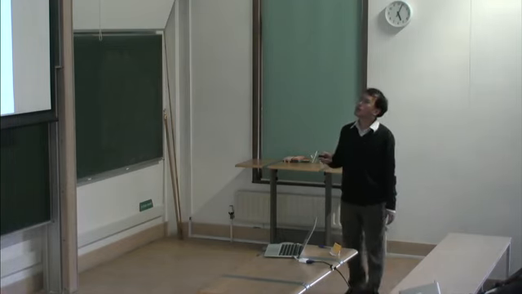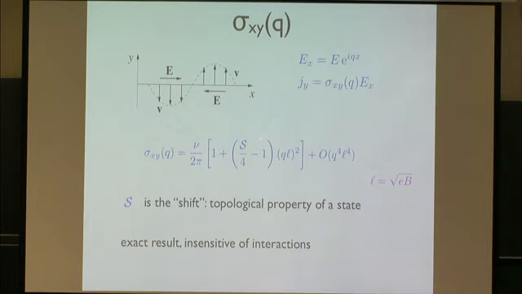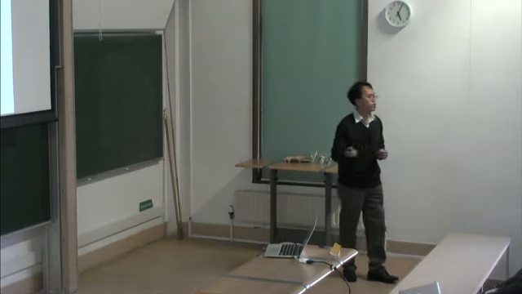Now, the result that I'm going to show you how to derive is the relationship between the coefficient of the q squared term in this expansion and the shift. It turned out that not only the q to the 0 coefficient is universal, but also the q squared, the next correction in q, is universal for a quantum Hall state.